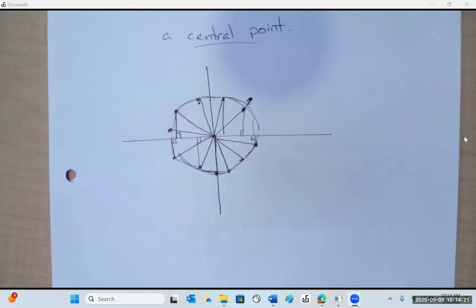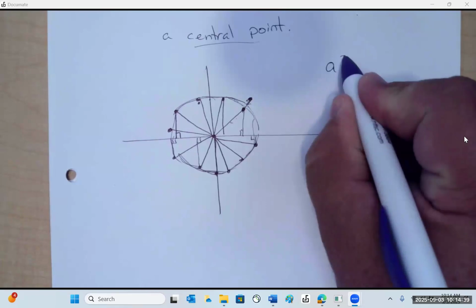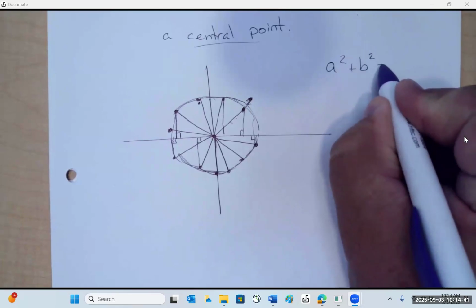The circle is created by all these triangles. What formula do we have for triangles? We just talked about it about 10 minutes ago. A squared plus B squared equals C squared.